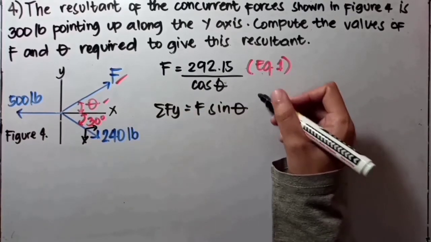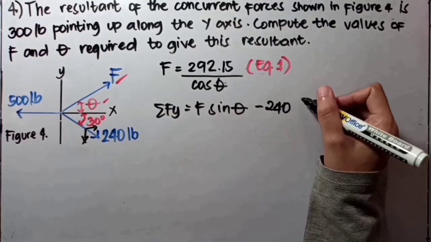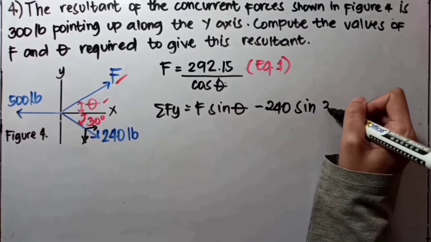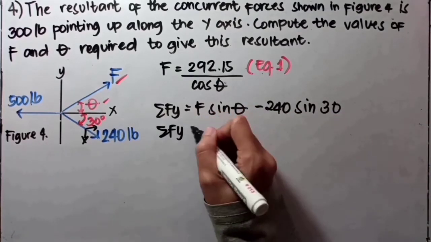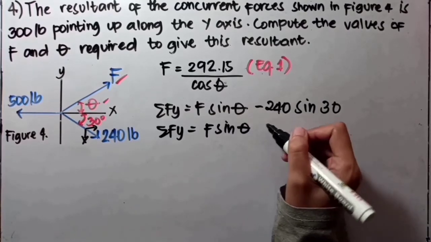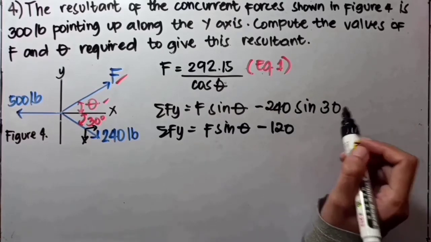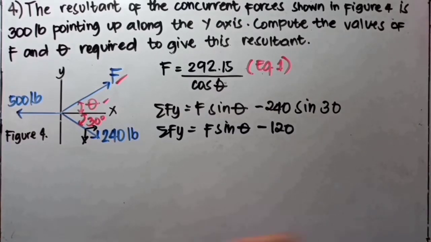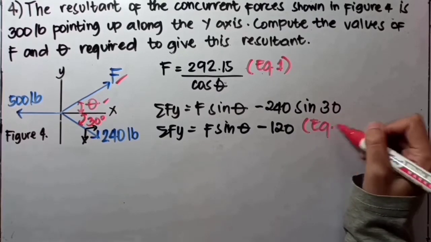So, for 240, minus 240 kasi going down siya for y-axis times sine 30. Pag isi-simplify lang natin to, magiging summation forces Y, F sine theta minus 120, kapag i-calculate natin tong 240 sine 30. Na ito na ngayon ang tinatawag nating equation 2.